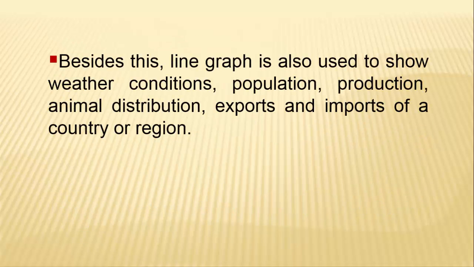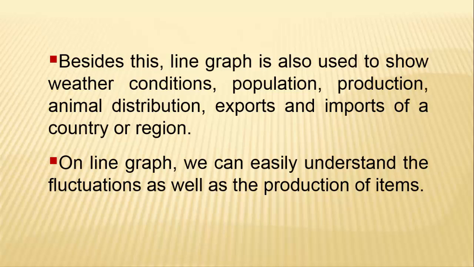Besides this, a line graph is also used to show weather conditions, population, production of any phenomena, distribution of animals, crops, population, etc., and exports and imports of a country or a region. On a line graph, we can easily understand the fluctuations as well as the production of items.